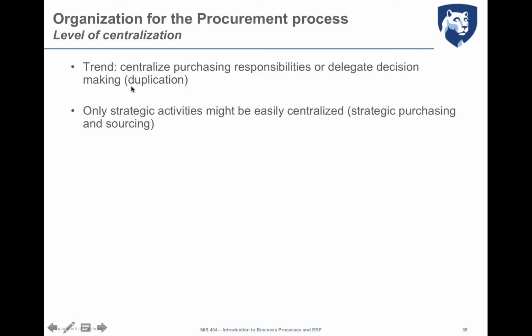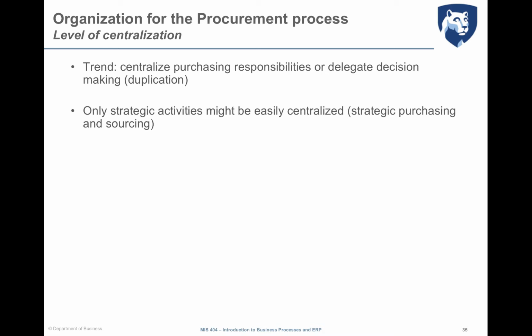The final lever is the level of centralization. Independently from how I decide to organize people in the procurement department and which activities I ask them to manage, I need to understand how much procurement process management is centralized in a central procurement department or decentralized at the local level.